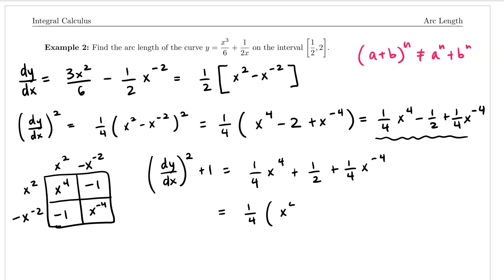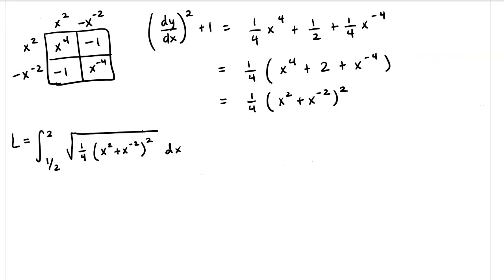If I do so, we get x to the 4th plus 2 plus x to the negative 4th. It's helpful to recognize that this is going to factor into x squared plus x to the negative 2 power quantity squared. Okay, so let's start plugging this into our integral.